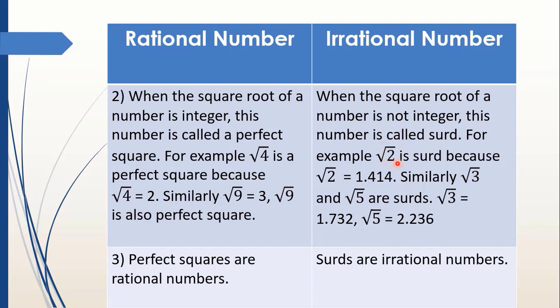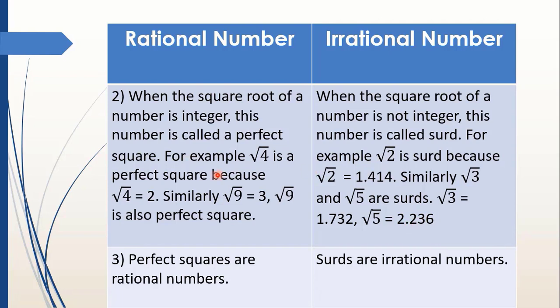So square root 2 is not a perfect square because its answer is not an integer. So square root 2 is a surd. Similarly, square root 3 and square root 5 are surds. Square root 7 and square root 10 are all surds because their answers are not integers.